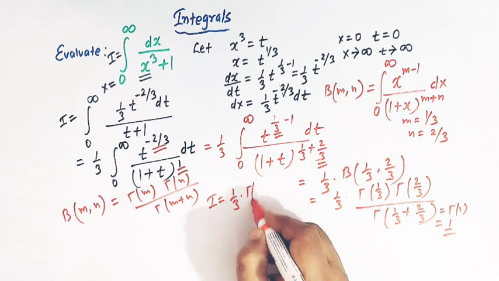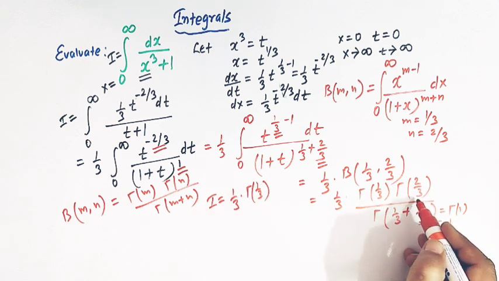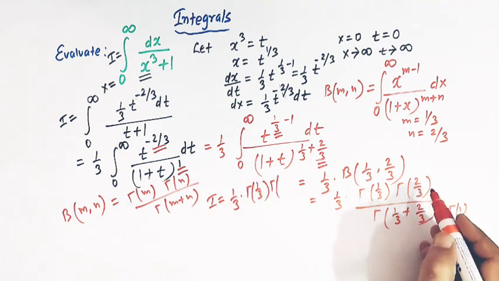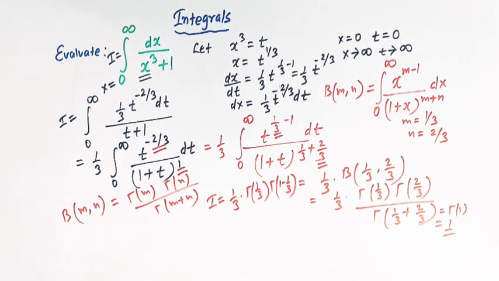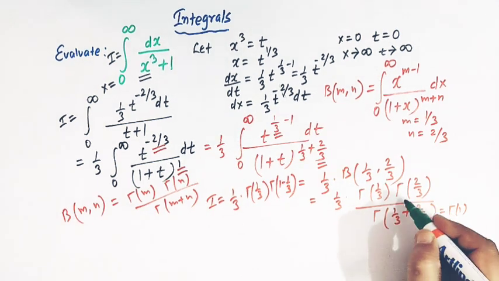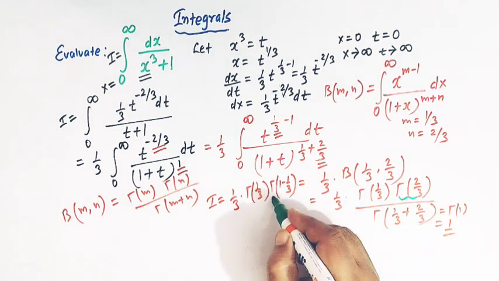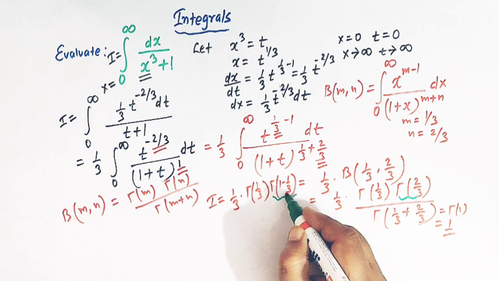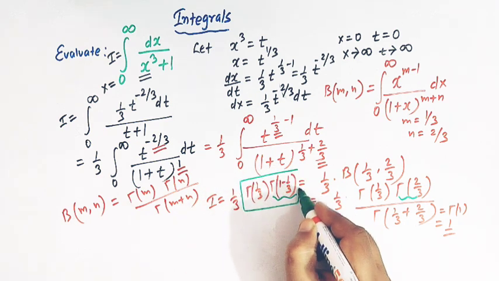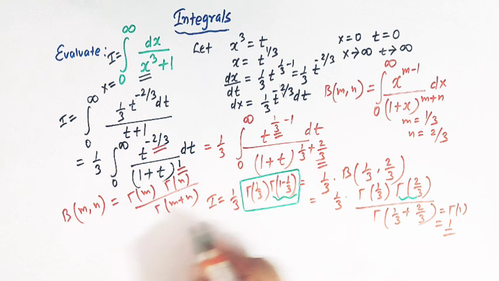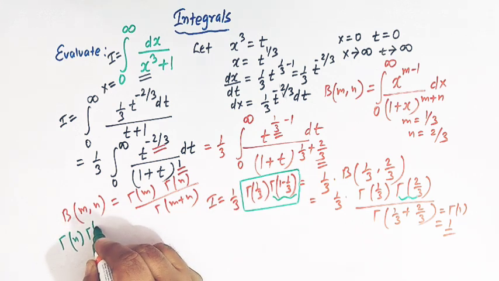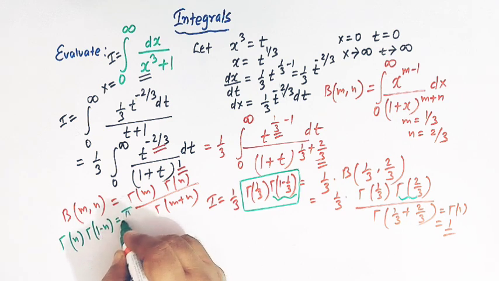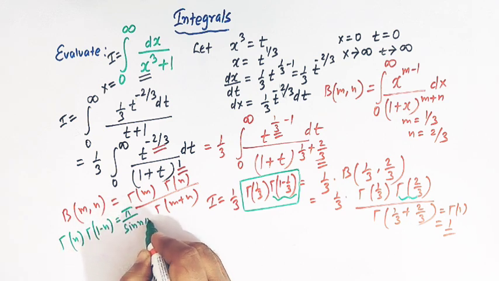We have gamma of 1 by 3 and gamma of 2 by 3. So gamma of 2 by 3 can also be written as gamma of 1 minus 1 over 3, right? So the purpose of writing gamma 2 by 3 like this, gamma 1 minus 1 by 3, is because this expression can be written like this, that is gamma of n, gamma of 1 minus n is equal to pi over sine n pi, right?